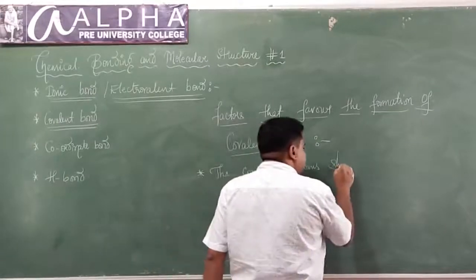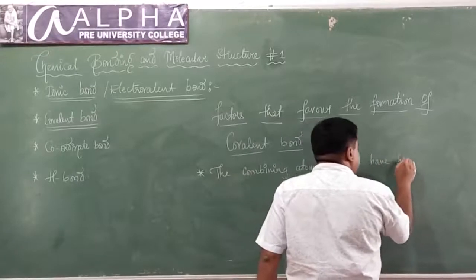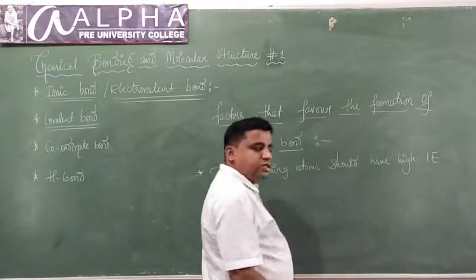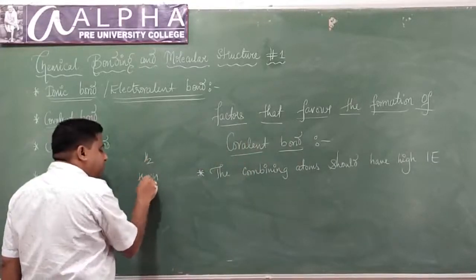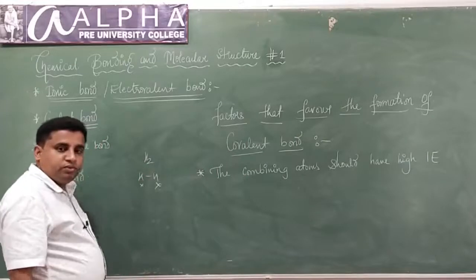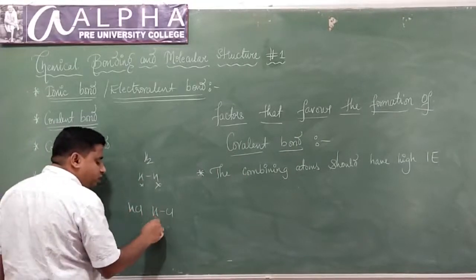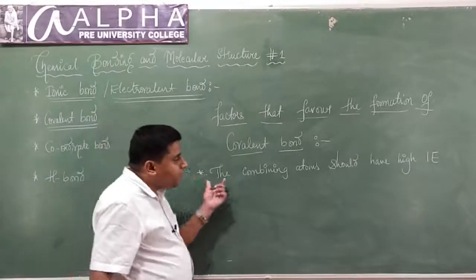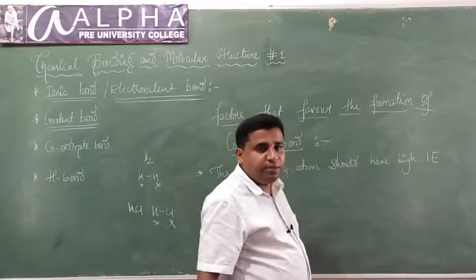For example, in the hydrogen molecule H2, both the hydrogen atoms have high ionization enthalpy. If you consider hydrogen chloride, hydrogen and chlorine both have high ionization enthalpy. So like this, the combining atoms should have high ionization enthalpy.